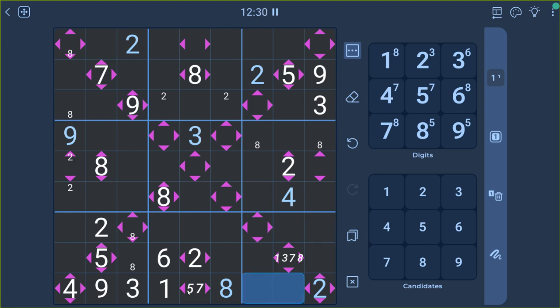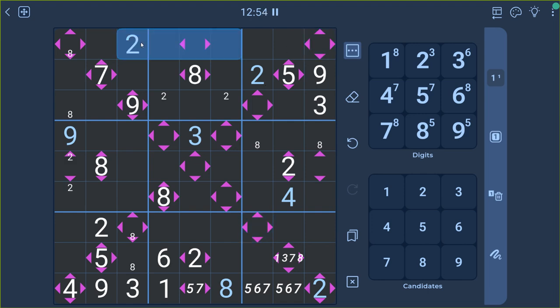What else are we missing? This is a 5, 7. There also needs to be a 6. Okay, where's the 9?